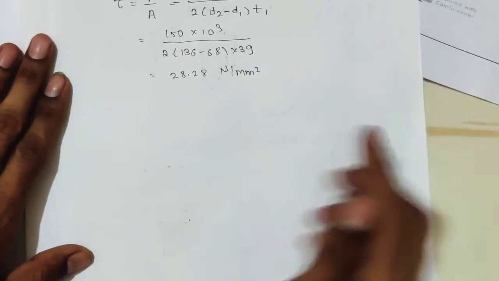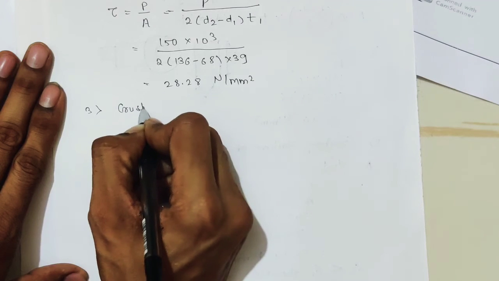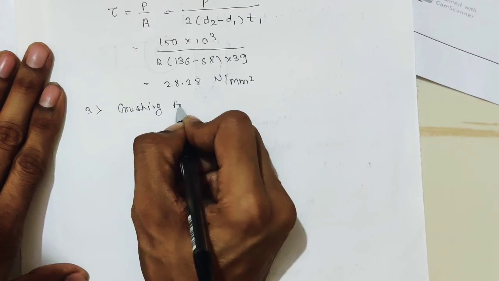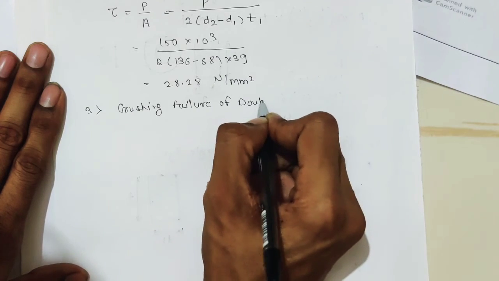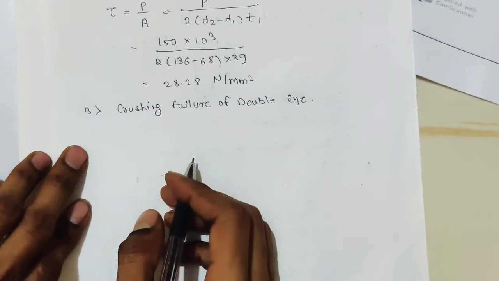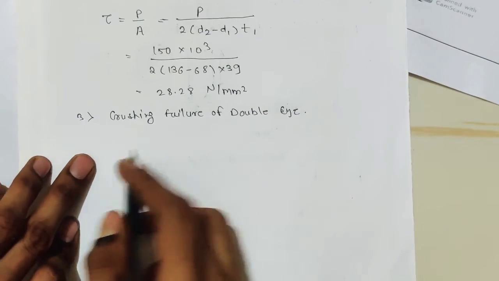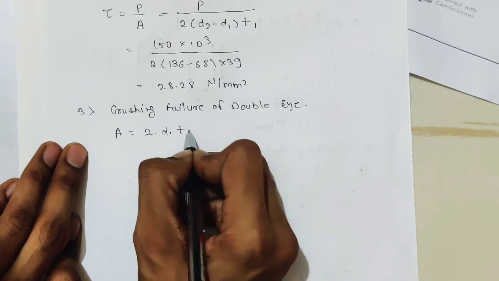Okay, for crushing failure of double eye, if you want, you can draw the diagram. Even if you are not having enough time, then just leave. Area is 2 d1 t1.